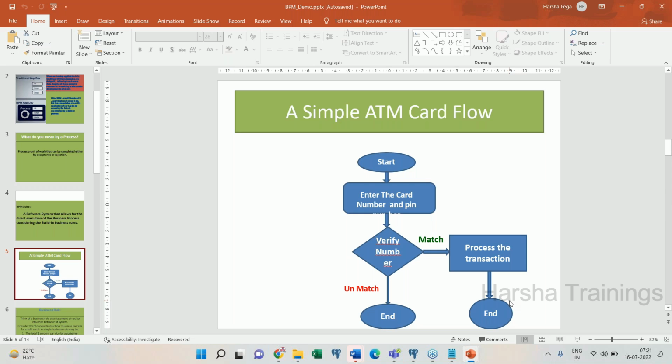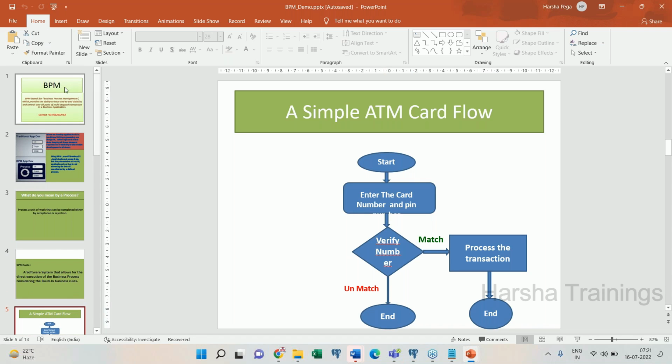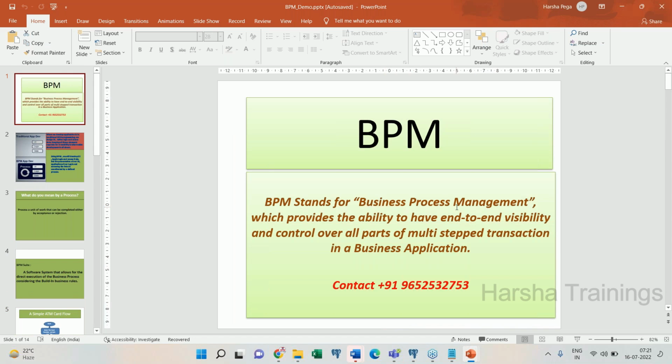And when step 2 is done, the inputs will be given to step 3 and it will be done. So like this, a multi-step transaction is one where the transaction model has multiple steps involved, and all the steps are connected to each other. So using BPM, you are going to create applications where you will be able to design a multi-step transaction model for the business process that you want to achieve.